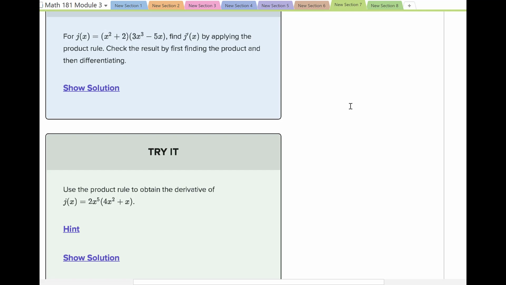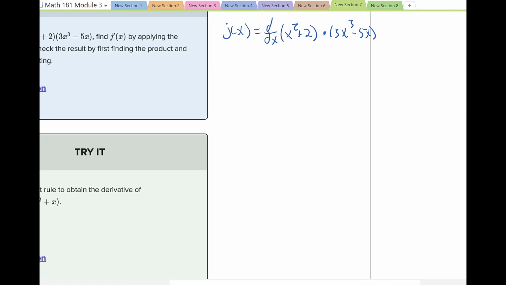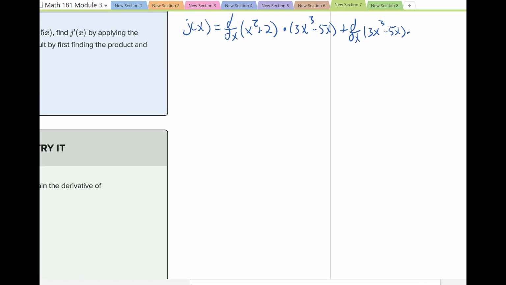So our j prime of x is going to be the derivative with respect to x of the first one, which is x squared plus 2, times the 3x cubed minus 5x, plus the derivative with respect to x of the 3x cubed minus 5x times the x squared plus 2.